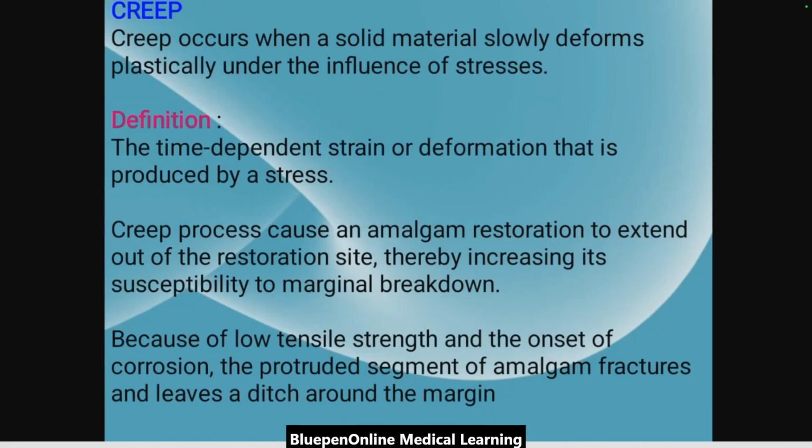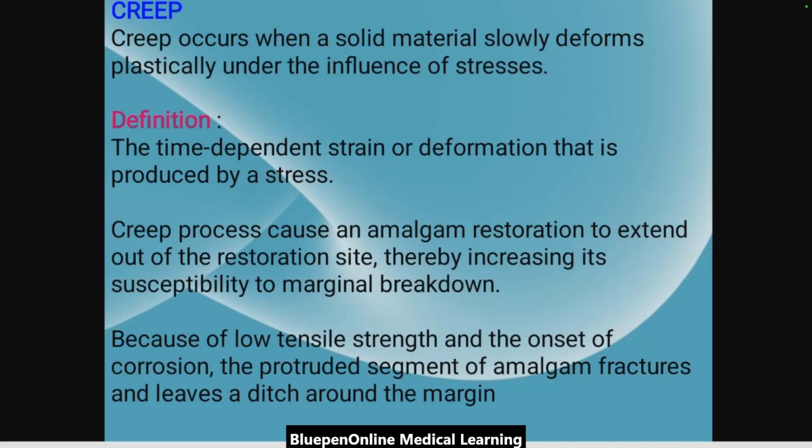The third property of dental amalgam is creep. This is very important. At times you get a 2 marker or 5 marker on this topic. Creep occurs when a solid material slowly deforms plastically under the influence of stress. So basically, creep occurs in a solid material under stress.